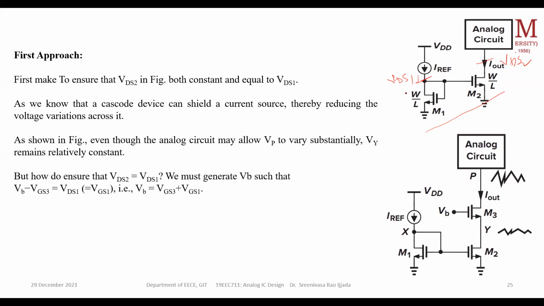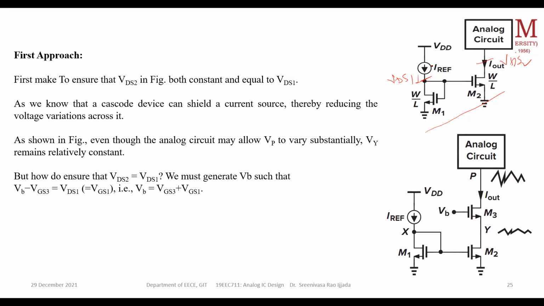As we know, the cascode device can shield a current source, thereby reducing the voltage variations across it. If you take a constant current source, the voltage across it should be constant. Suppose I reference is there; across the I reference, the voltage should be constant.